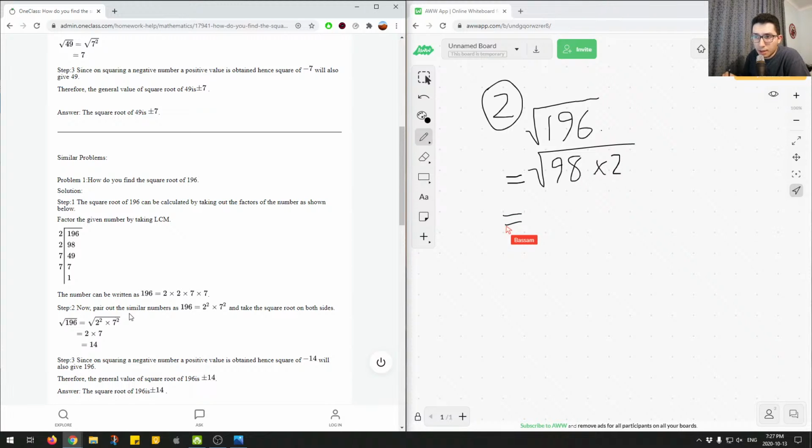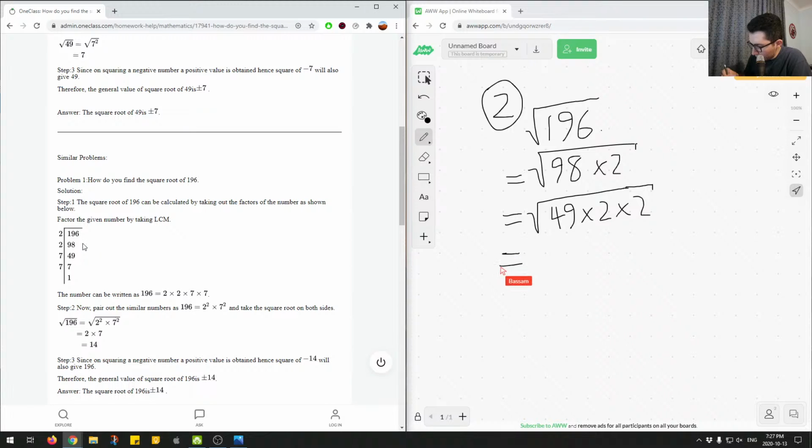The reason you divide by 2 is because we look at the last digit and we know 6 is divisible by 2. That means this whole number can be divided by 2 with no remainders. So we know 98 divided by 2 is 49. So we'll have 49 times 2 times 2. These two are equivalent to one another.